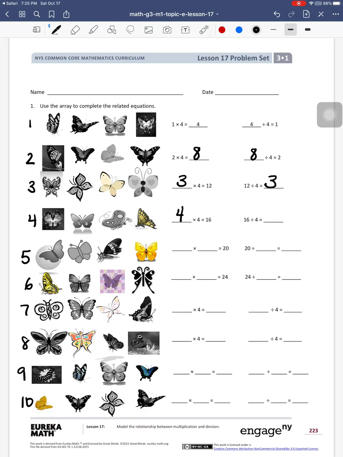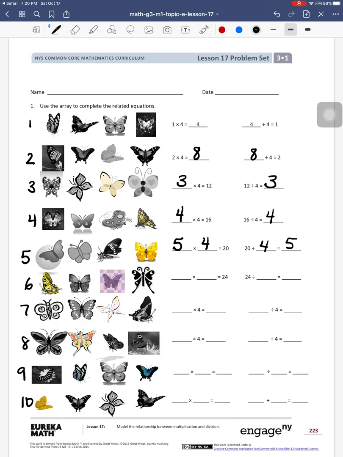That equals 16. Or 16 divided by 4 equals 4. Number 5. We have 5 rows. And how many are in each row? 4. So 5 times 4 equals 20. Or 20 divided by 4 equals 5.